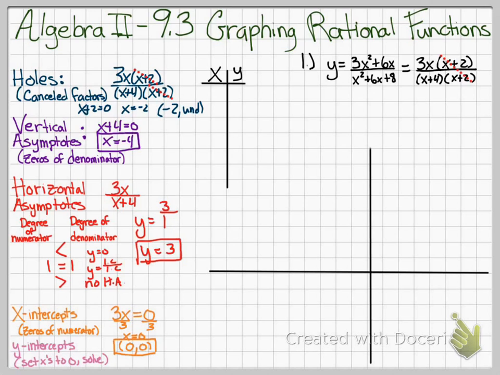All right, so now we have everything that we need to at least get to our x and y chart. An x and y chart, you get to pick any value of x that you want, but because we have a vertical asymptote, that helps us. That says to us, okay, well, the vertical asymptote is sort of like a dividing line for us. So we kind of think about our x and y chart as being above and below the vertical asymptote.